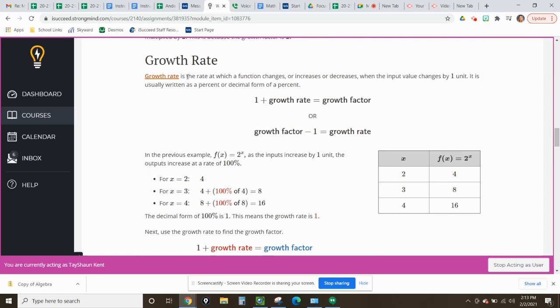Growth rate is the rate at which a function changes or increases or decreases when the output value is changed by 1 unit, usually written as a percent or a decimal form of a percent. So 1 plus the growth rate equals the growth factor, or the growth factor minus 1 equals the growth rate. Okay, so growth rate is something new that they're about to tell you.